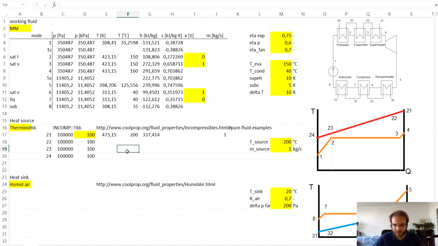So that means the temperature at this point 23 needs to be higher than the temperature at the point 2 by the pinch point delta T. So let's get the temperature at the point 2 plus the value of the pinch point. Let's get the kelvins. Let's calculate the enthalpy in that point.